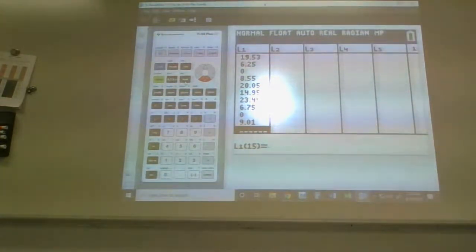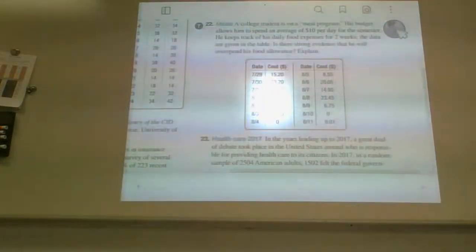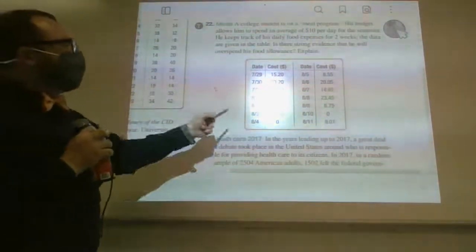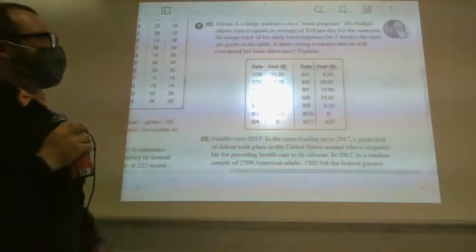I am going to be, in a moment, running a 1-var stat. But before I do that, let me jump back to the wording of the question, just to confirm something for myself. The only pieces of information or data that they give me are the 14 days, which I can get an average of, and I can get a standard deviation of.